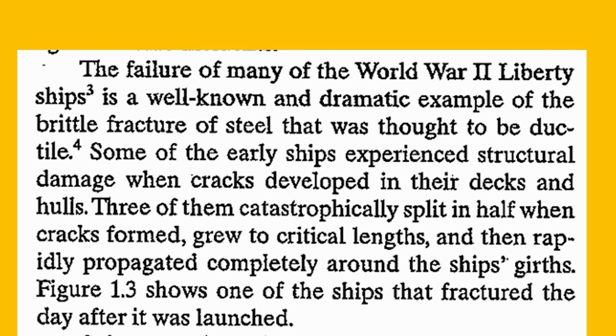Ductile property means very high elongation before failure. But according to those photos, the ship fractured into two parts. That is not a ductile manner. That is a very, very brittle manner.